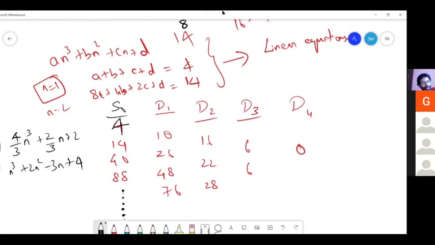At what level will you get the arithmetic progression? The previous level must be a quadratic one, and the previous one must be a cubic one, right? That you actually know only when you find the differences.